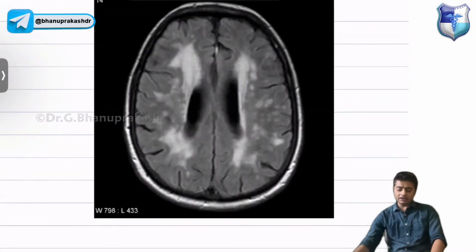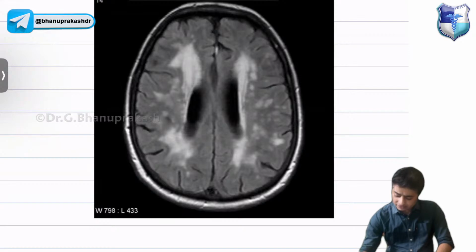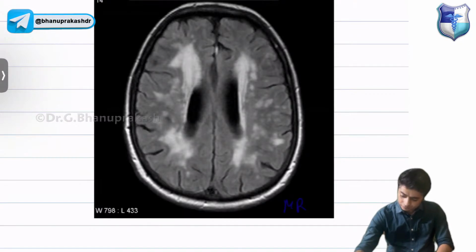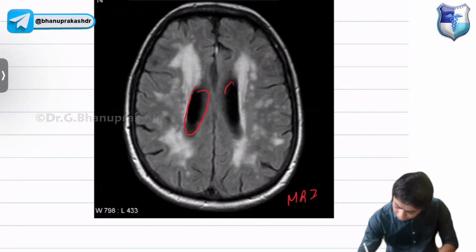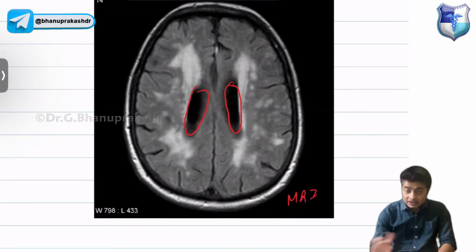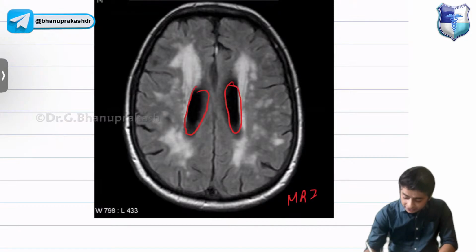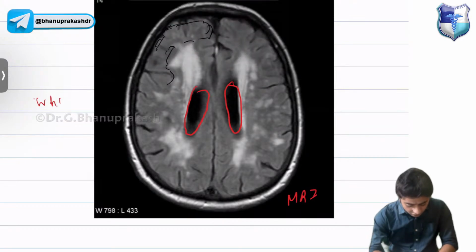See this MRI image. Here we are seeing the ventricles. Okay. In the brain, your gray matter is outside, and inside is your white matter.